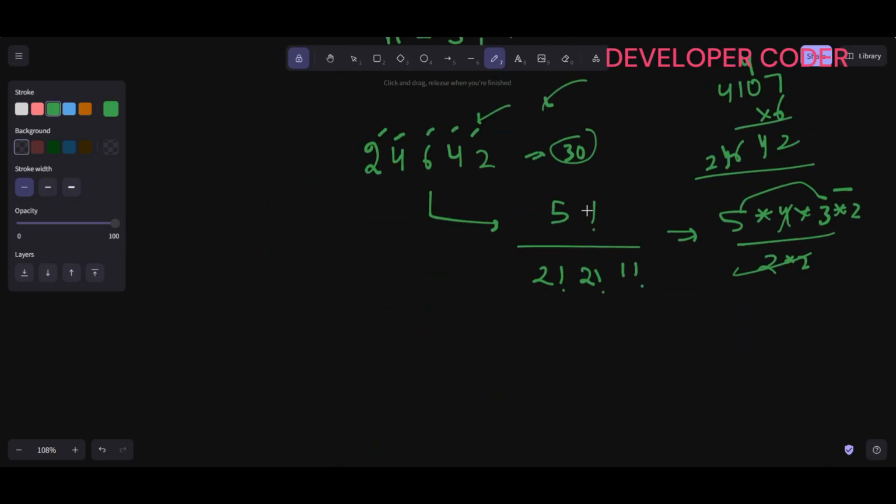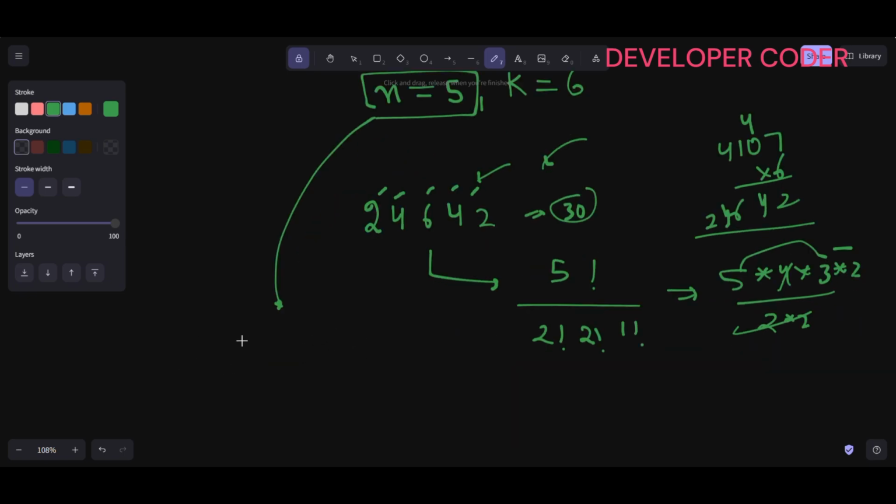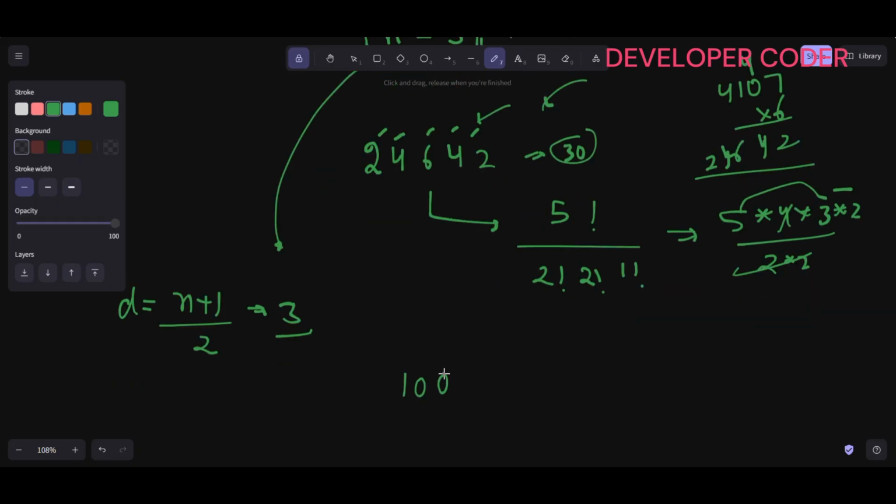So all 30. But now let's suppose, while forming this, n is equal to 5. That simply means you have to calculate the left half first. This is the formula, na? D is equal to n plus 1 divided by 2, so you get 3. So a 3 digit number, so you are searching from 100 to 999.